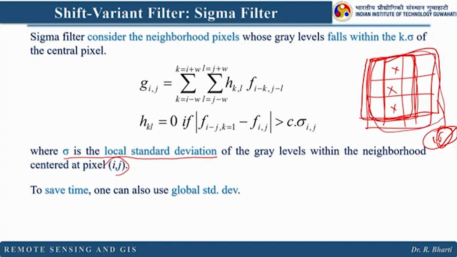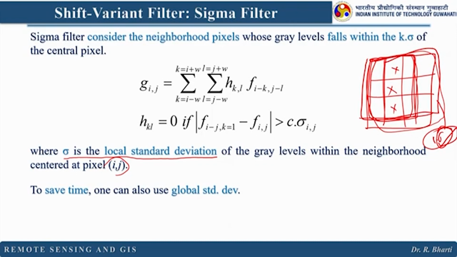This is to save time, because every time you have to put your kernel on the image, extract those 3 by 3 pixel values, calculate the standard deviation, decide what the k value is, and then those pixels which qualify under that 1 sigma or 2 sigma will be used for averaging. Then again you shift to the next position and again you have to calculate the standard deviation. So this is a time taking process.